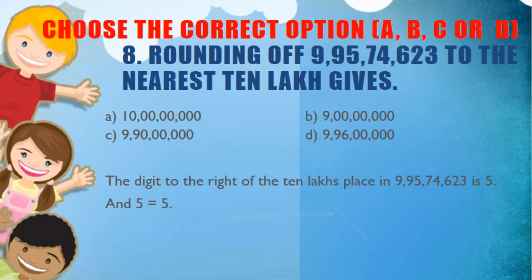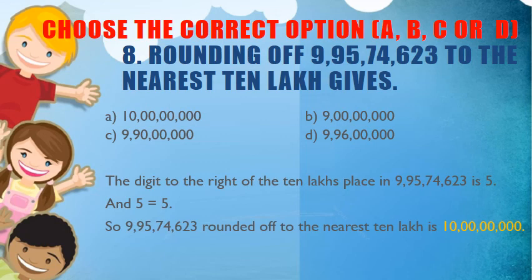We are going to add 1 to the digit at the 10 lakhs place. So, we will add 1 to 9 and we will replace the rest of the digit to the right of the rounding off place, which is the 10 lakh place, by 0. So, 9 crore 95 lakh 74,623 rounded off to the nearest 10 lakh is 10 crore. So our option A is correct.